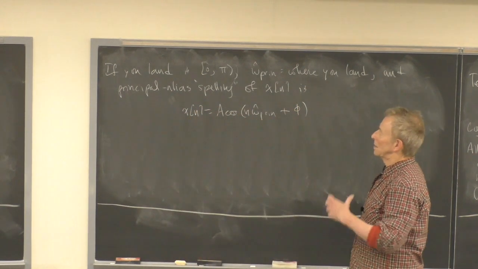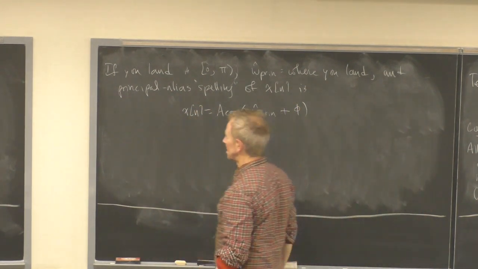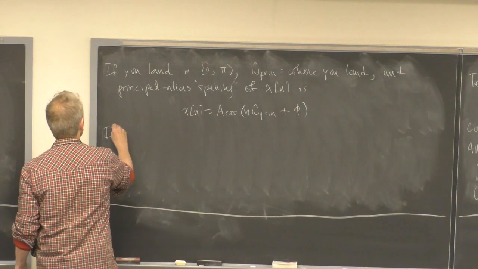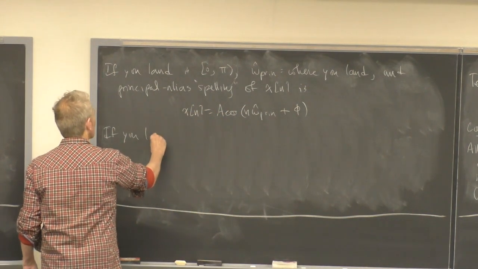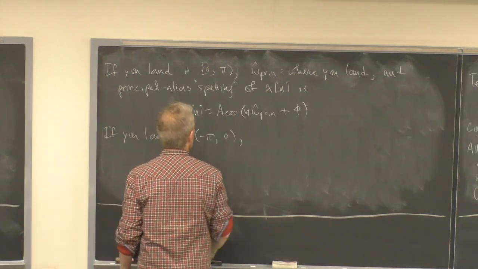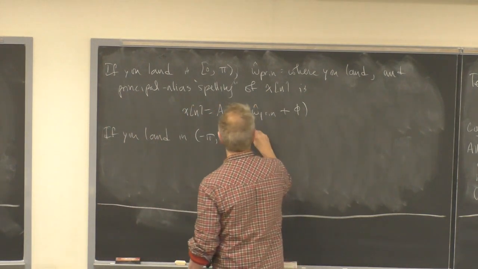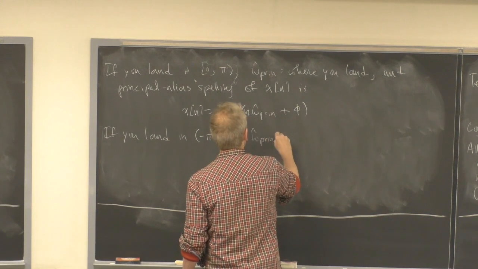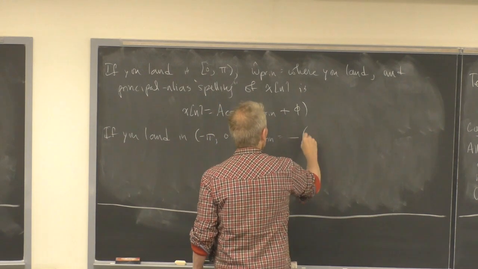If you land to the left of 0, as we do in this picture up here, then omega hat prin is minus where you land.